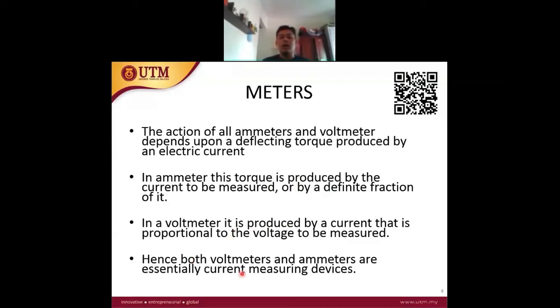Essentially, either voltmeter, ammeter, or even ohm meter, they are fundamentally current measuring devices. So it all depends on how we configure them, and how we interpret the output.